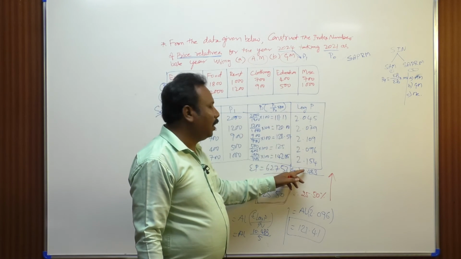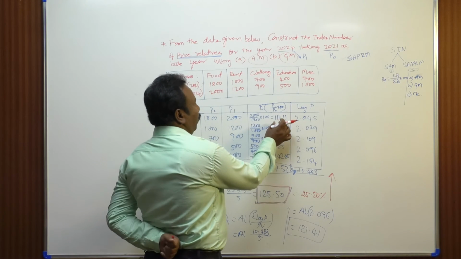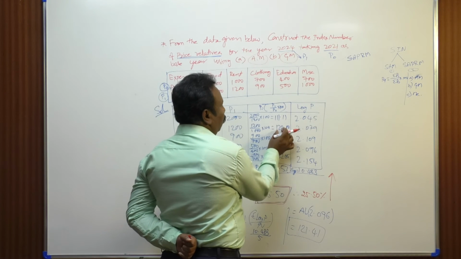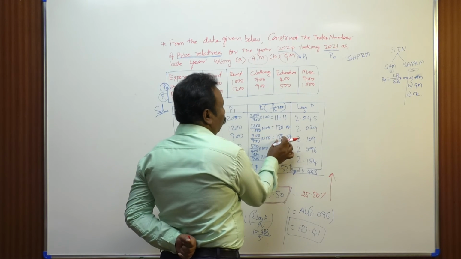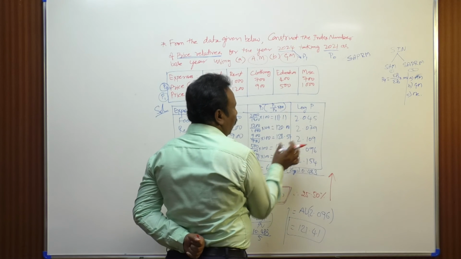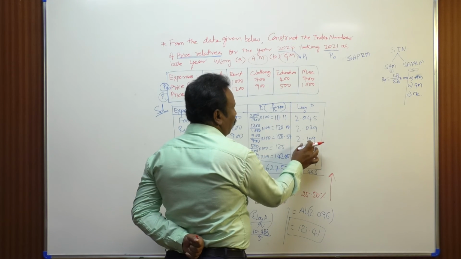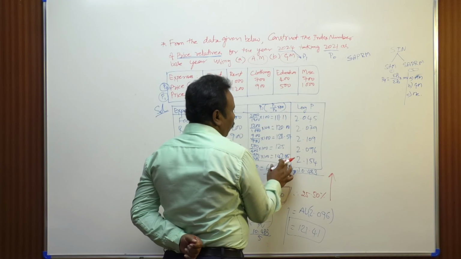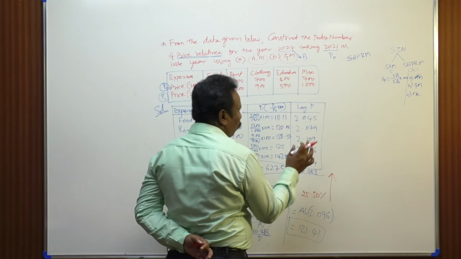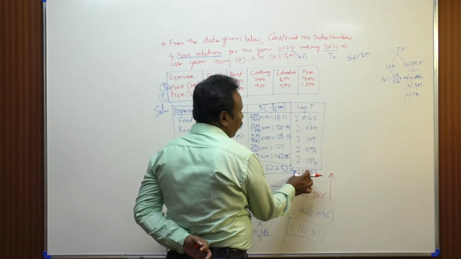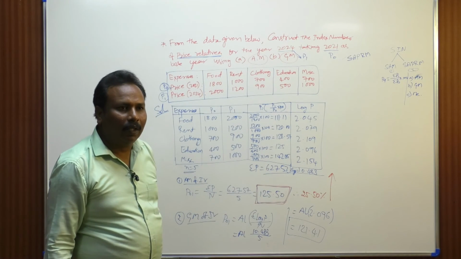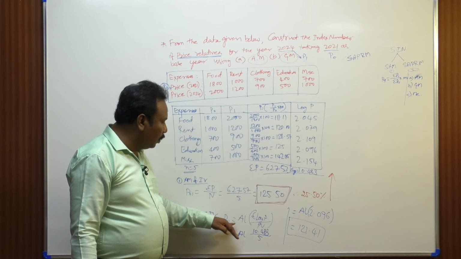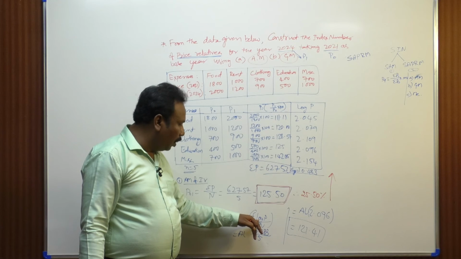Now, to calculate log P: log of 111.11 is 2.045, log of 120 is 2.079, log of 128.57 is 2.109, log of 125 is 2.096, log of 142.85 is 2.154. So, the summation of log P is 10.483. Then we calculate the geometric index value, that is anti-log of summation of log P divided by N.